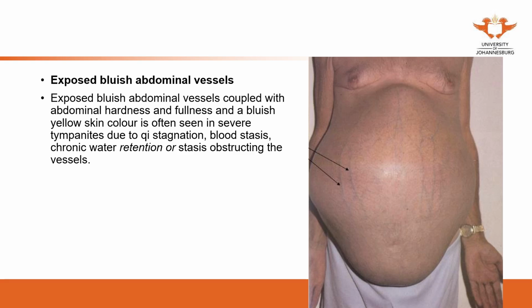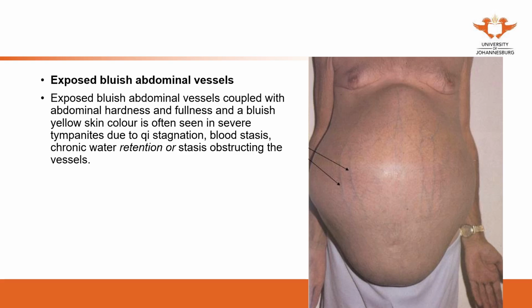The bluish or cyan color reflects stagnation. So for this kind of problem, you will think that the patient presents with water retention in the abdomen, and the water retention can be due to qi stagnation or blood stasis. How do you know blood stasis? That's from the bluish veins here.